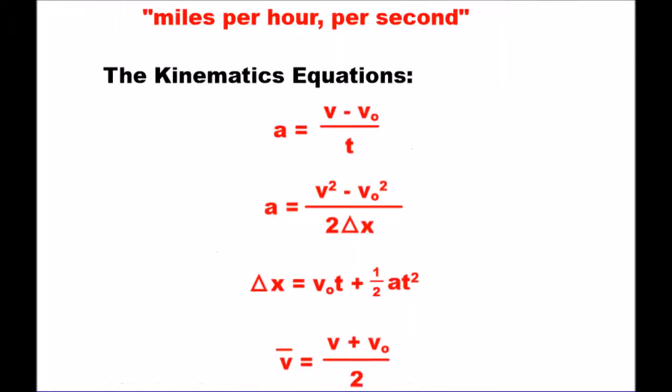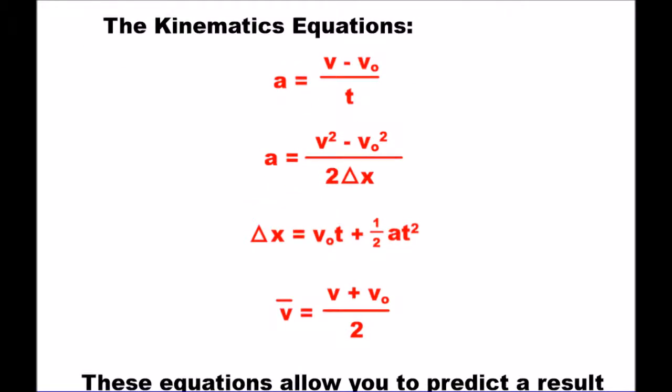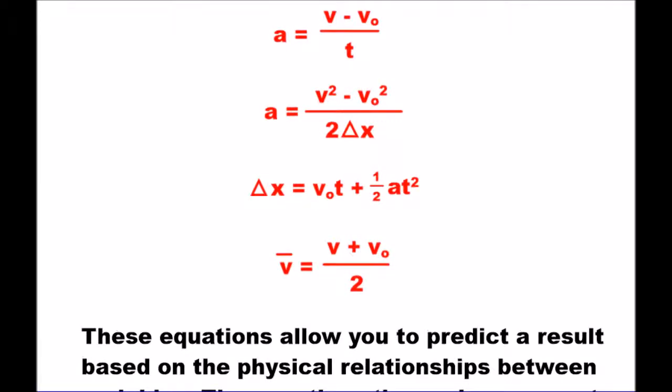All right, well, when we take those 4 quantities that I just discussed with you, position, time, velocity, and acceleration, you can relate those things together with these 4 equations.